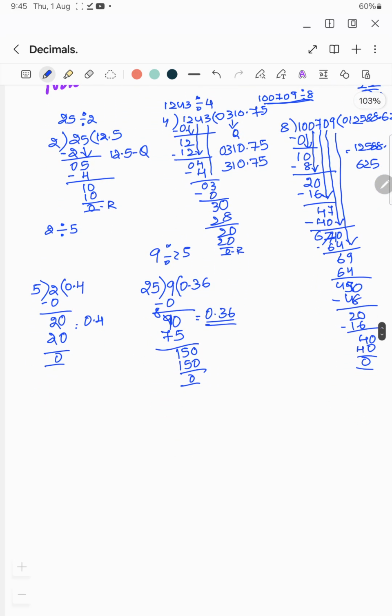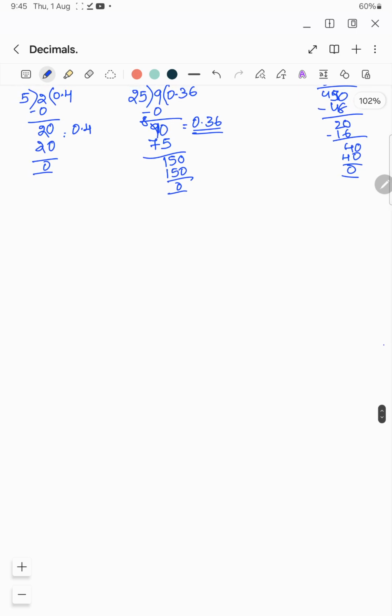Now 1 by 10. 1 by 10 means 1 is divided by 10. Check for the number which is a multiple of 10, but it should be equal to 1 or less than 1. There is no multiple of 10.